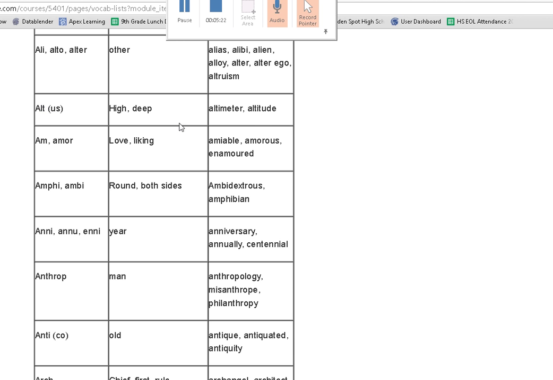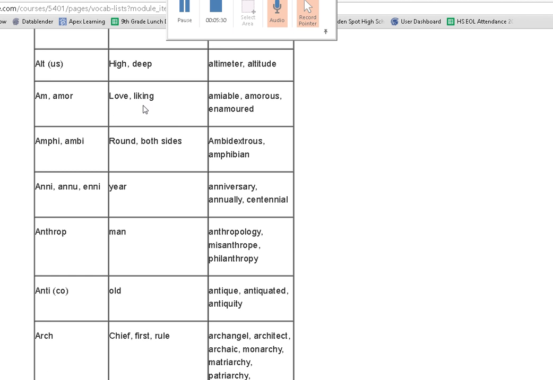Altus means high or deep, like the altitude is how high it is. An altimeter measures height. Am or amor mean love or liking. If you are amiable, you are easy to like, you like people, you're easy to get along with, you're happy. If you're feeling amorous, you're feeling very loving, like you're feeling amorous towards your dog.